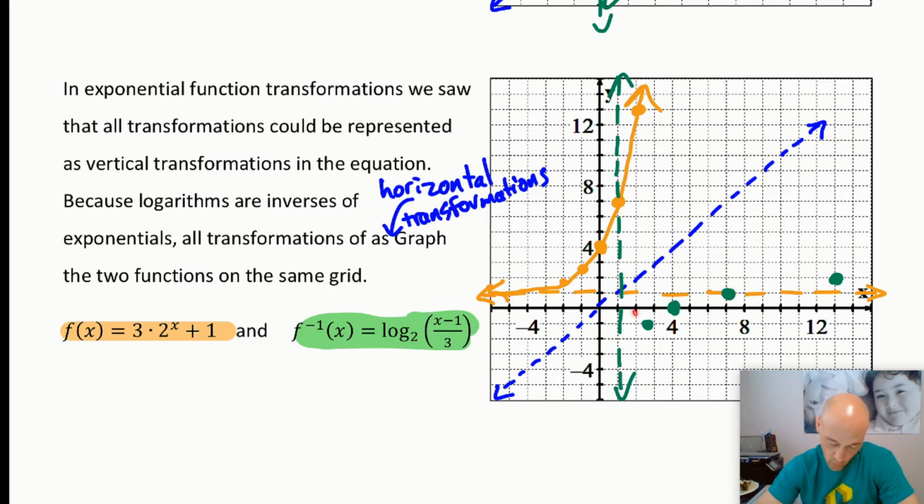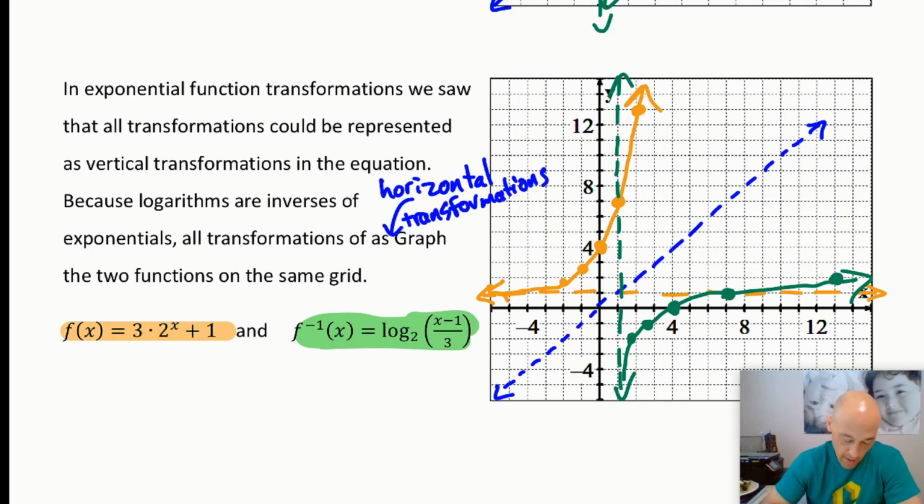So positive 1 3/4, negative 2. So right there. All right, so now this is going to go like that. There is our inverse function.